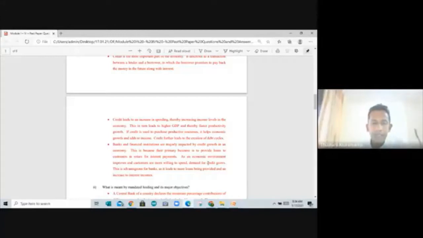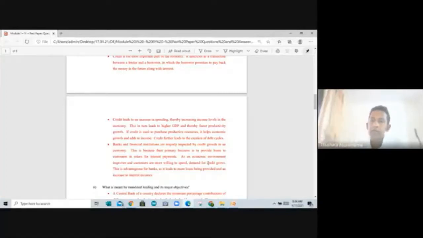Third, banks and financial institutions are majorly impacted by credit growth in an economy. This is because their primary business is to provide loans to customers in return for interest payments. As the economic environment improves and customers are more willing to spend, demand for credit grows. So that is basically what we talk about as credit growth.